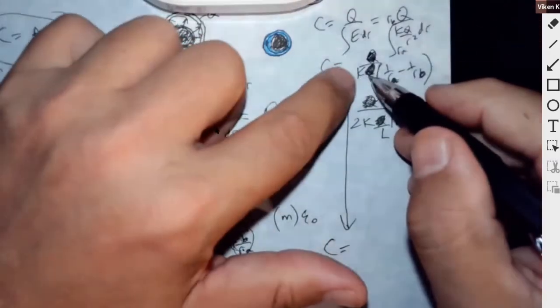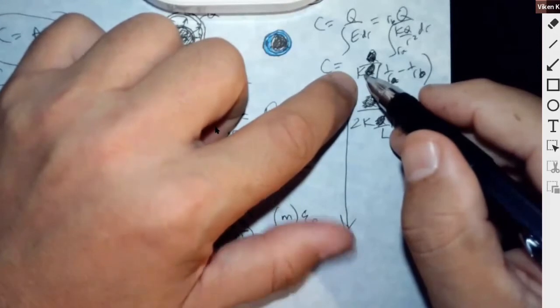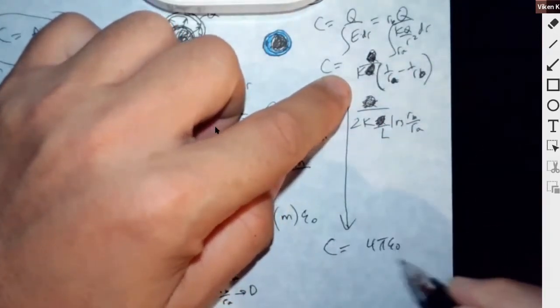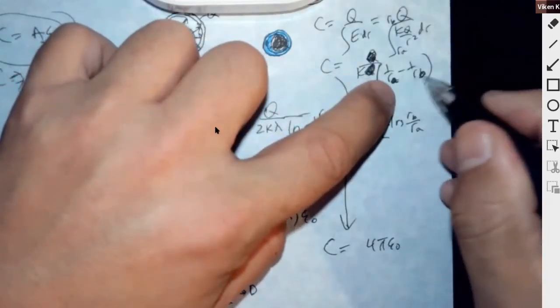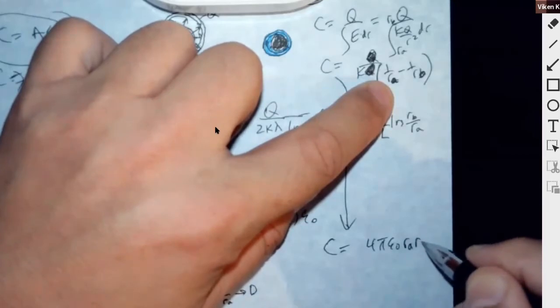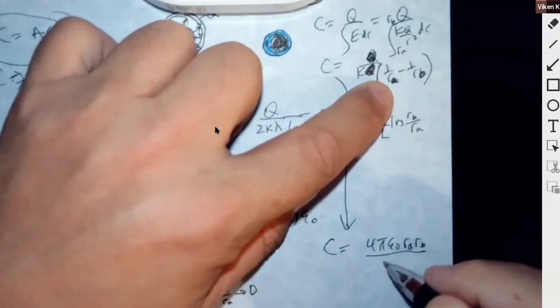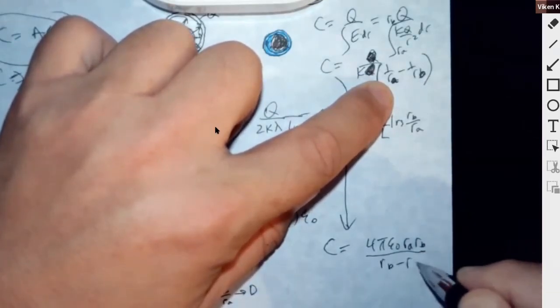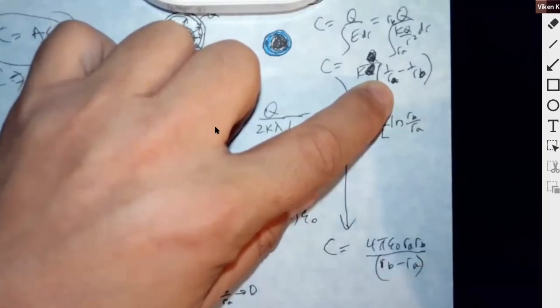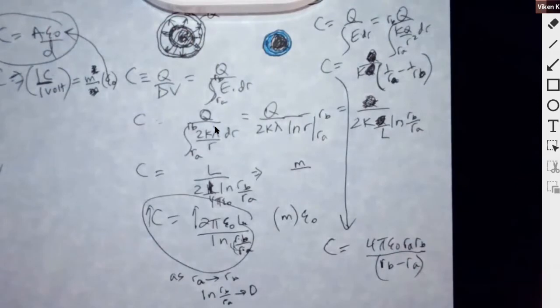And if I write it in terms of E0, this becomes 4 pi E0. And then these two multiply and go to the top, RA RB over RB minus RA.